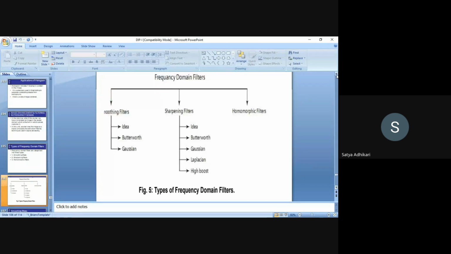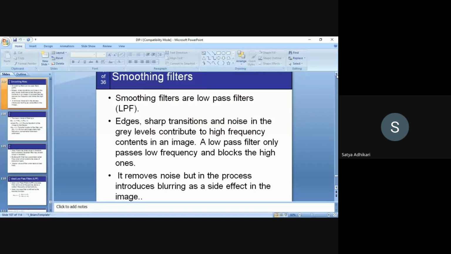Sharpening filters are also ideal, Butterworth, Gaussian, Laplacian, and high boost. And homomorphic filters are one type. So the frequency domain filters are broadly divided into three types. Let us discuss the first filters, smoothing filters.